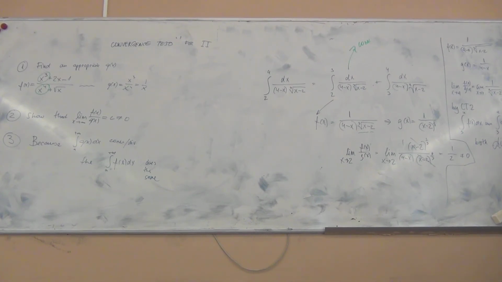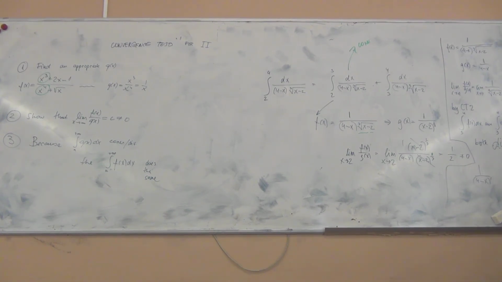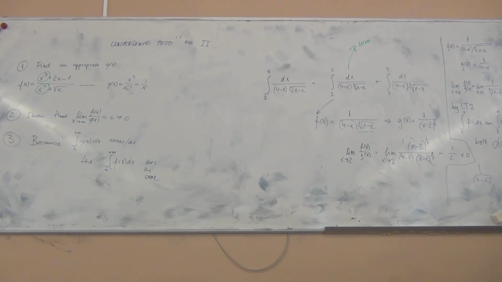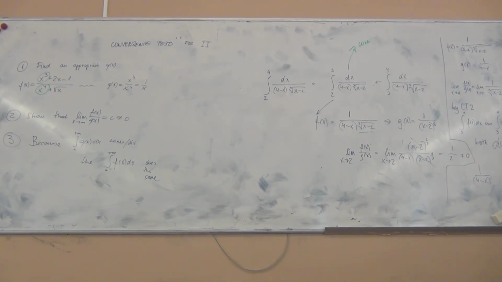No, no. Diverge, because g, in this case, the g function, 1 over 4 minus x to the power 1, alpha is 1, which means divergence. Unfortunately. Both diverge because g is an alpha function with alpha value equal to 1.